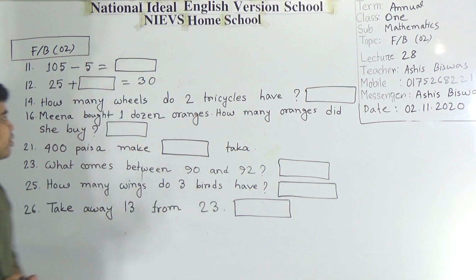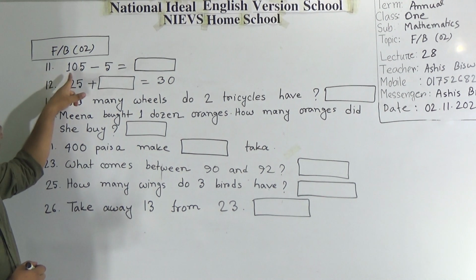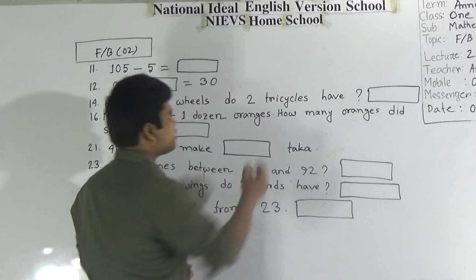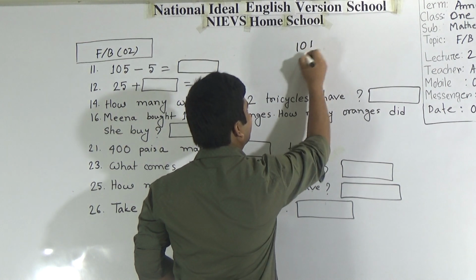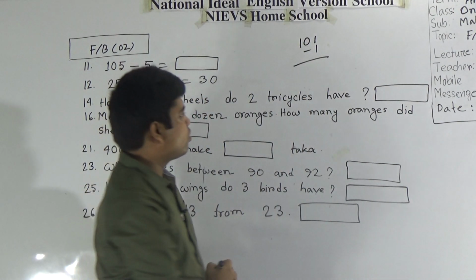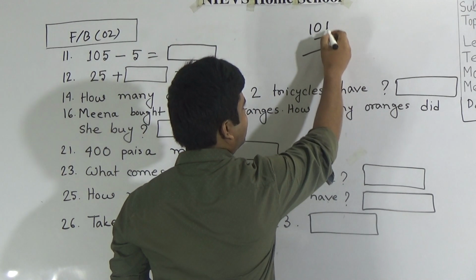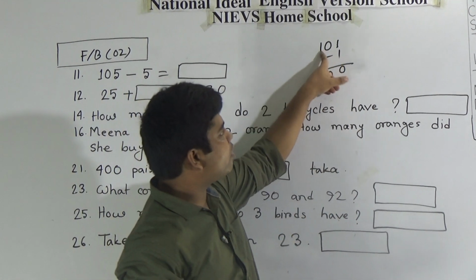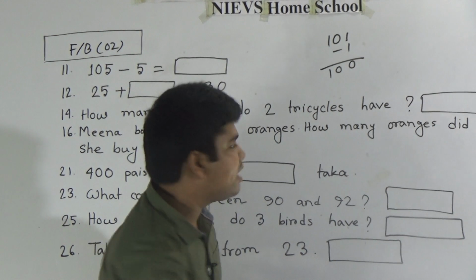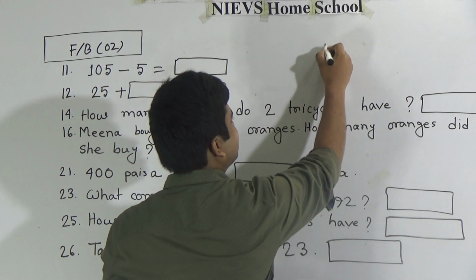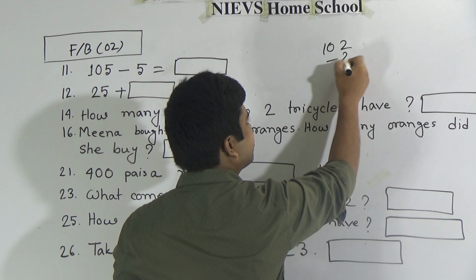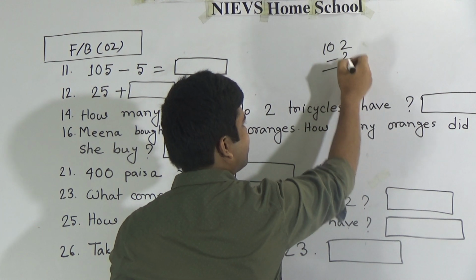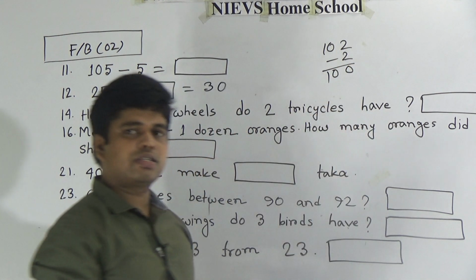First question is, notice, question number 11, 105 minus 5 equal to what? It is a very easy question. Notice, if I write here 101 minus 1, then what will it be? If we subtract 1 from 1, we get 0, and 0, 1. So, if I subtract 1 from 101, then I get 100. Similarly, if I subtract 2 from 102, we get 100.